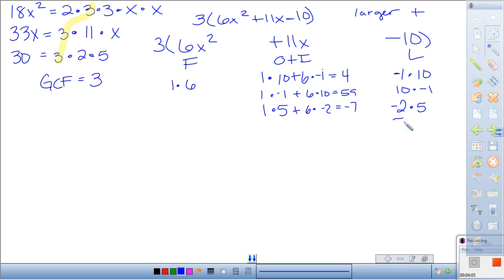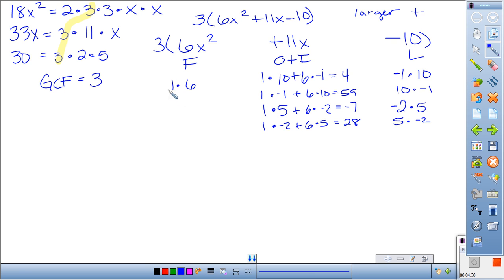So let's try switching these. 5 times negative 2, so outer 1 times negative 2 plus inner 6 times 5. 6 times 5 is 30, 1 times negative 2 is negative 2, 30 and negative 2 is 28, also doesn't work. We've exhausted all of our factors of negative 10 with our factors of 6.